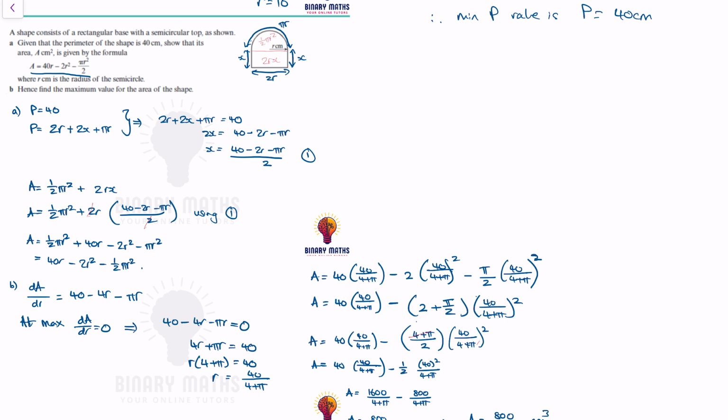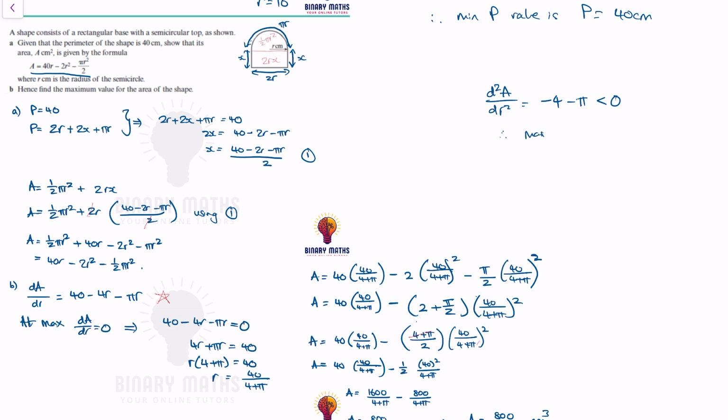Okay, if I need to verify this, then I need to differentiate twice. So d squared A over dr squared, and I'm differentiating this. Then when I differentiate this, I get minus 4 minus pi, which is always less than 0.